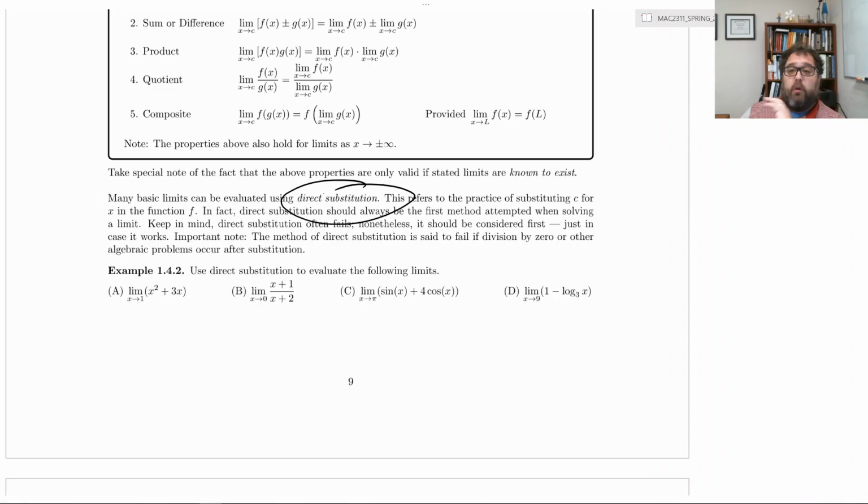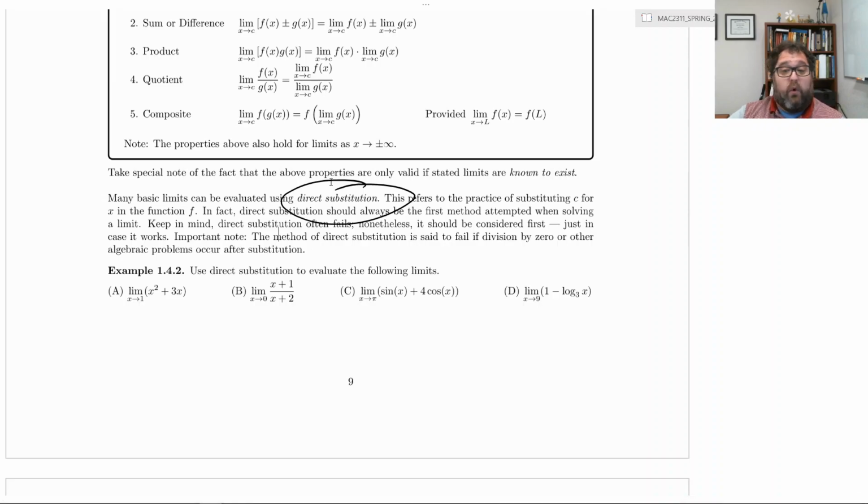Direct substitution is almost always not going to work, but it should be your first choice, because if it does work, then it's the simplest way and it's easy, as long as you're careful with your arithmetic and such. But you should always use direct substitution first. But again, it's almost always not going to work.